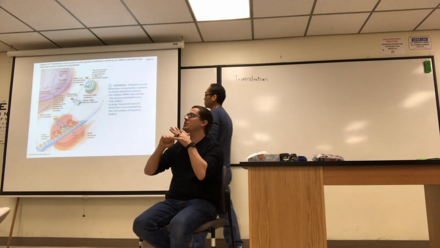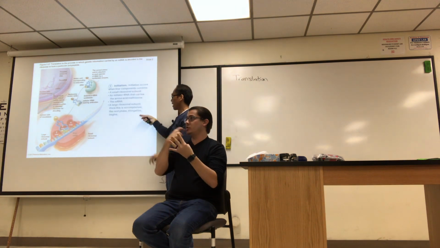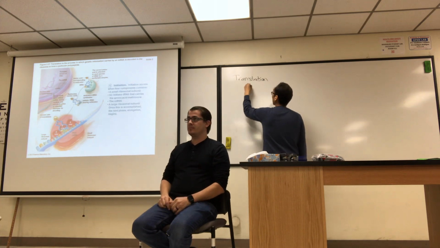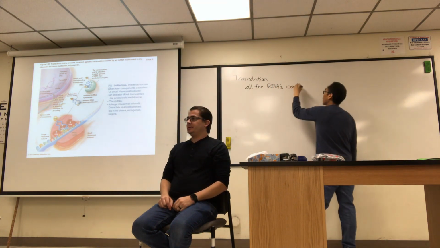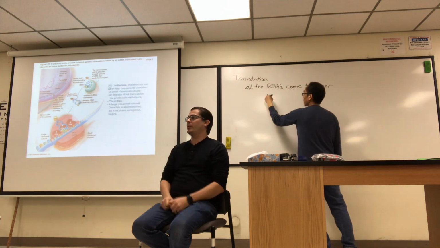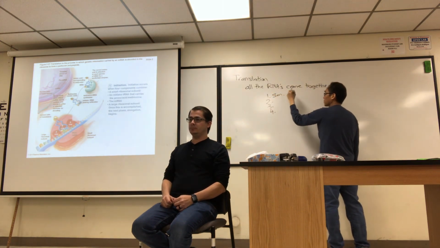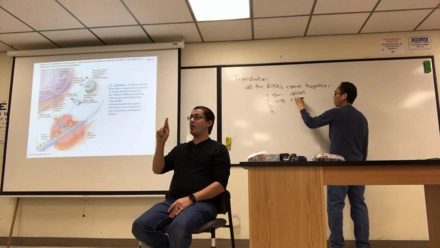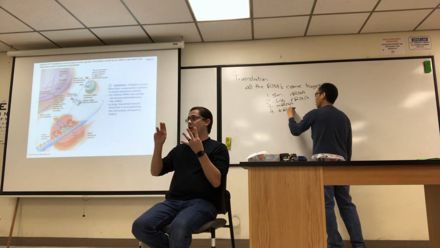Initiation occurs when all 4 components, the ones I just stated, all come together: the small subunit of the rRNA, the large subunit of the rRNA, the mRNA, and the tRNA.